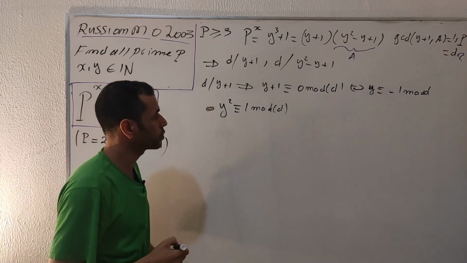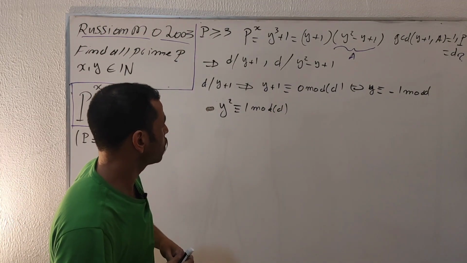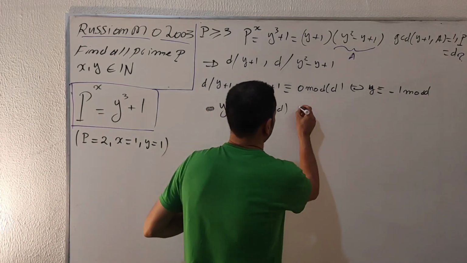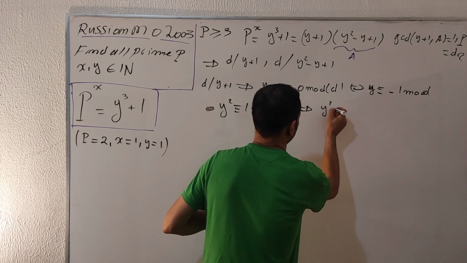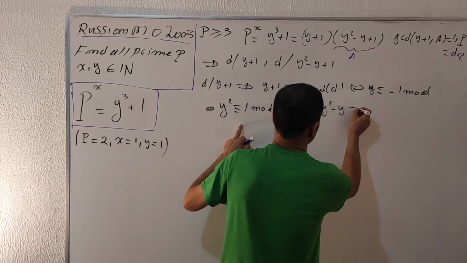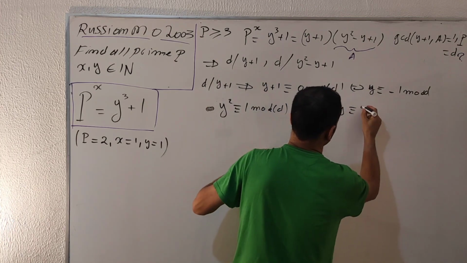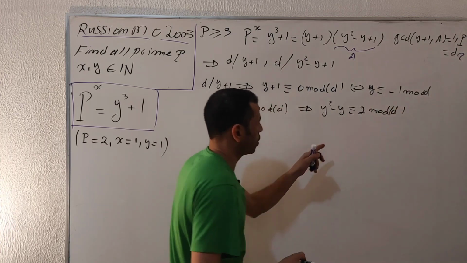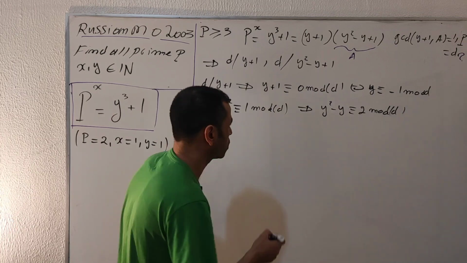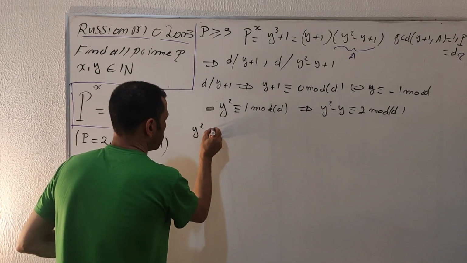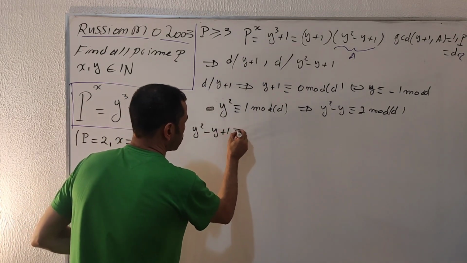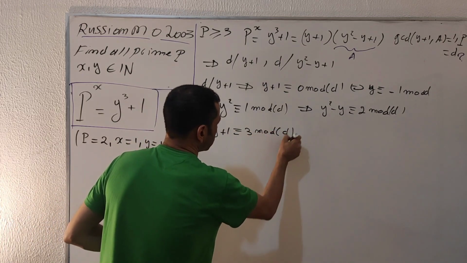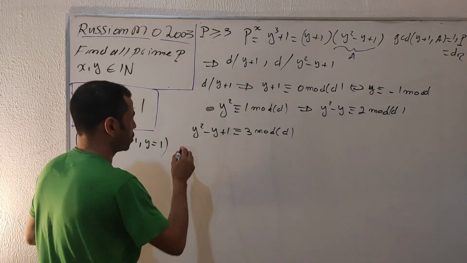Then I'm going to add minus y on both sides. I will get y squared minus y is congruent to 1 minus 1, which is 2 mod D. And then I'm going to add 1 on both sides. I will get y squared minus y plus 1 is congruent to 3 mod D. So I have two things here.